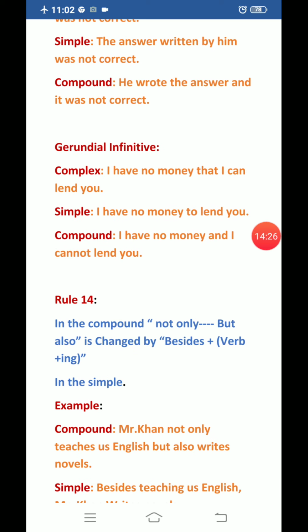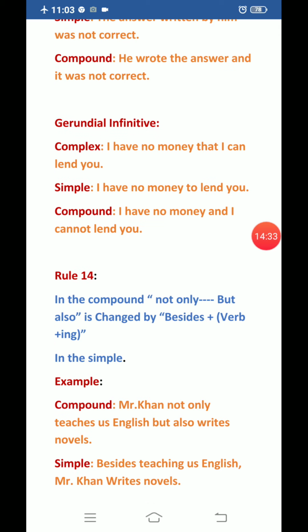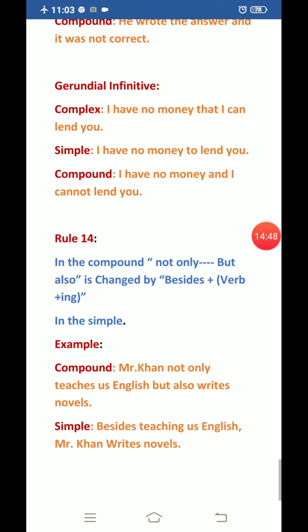Complex sentence: I have no money that I can lend you. Simple sentence: I have no money to lend you. Compound sentence: I have no money and I cannot lend you.